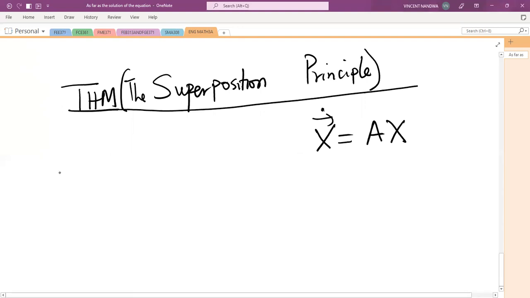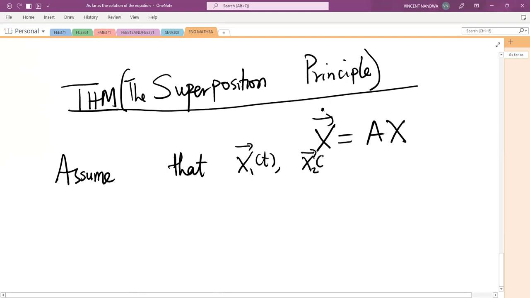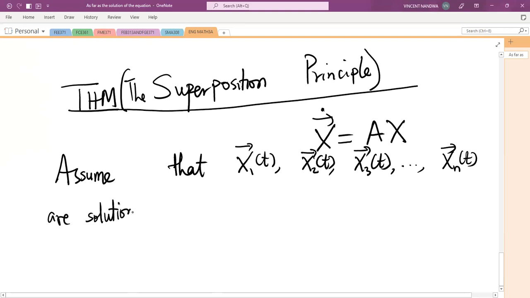So you say, assume that x1 of t, x2 of t, x3 of t, up to xn of t are solutions of this equation x dot given by Ax.